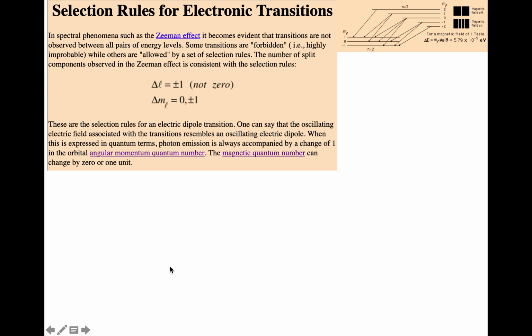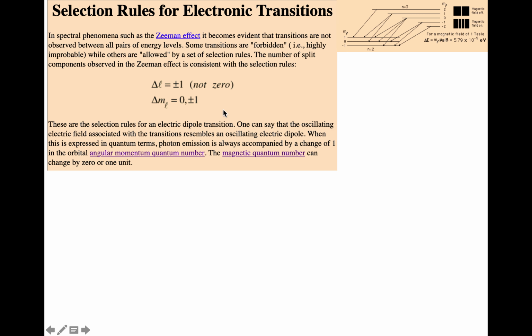They also do a nice job of explaining what are called selection rules for these electronic transitions. So you notice within here we have quite a few different lines, and if you were to draw all the possible lines between this top set and the bottom, you'd have even more. When we're looking at spectroscopy, oftentimes there's constraints on what kinds of transitions are possible, and different selection rules are appropriate for different forms of spectroscopy.